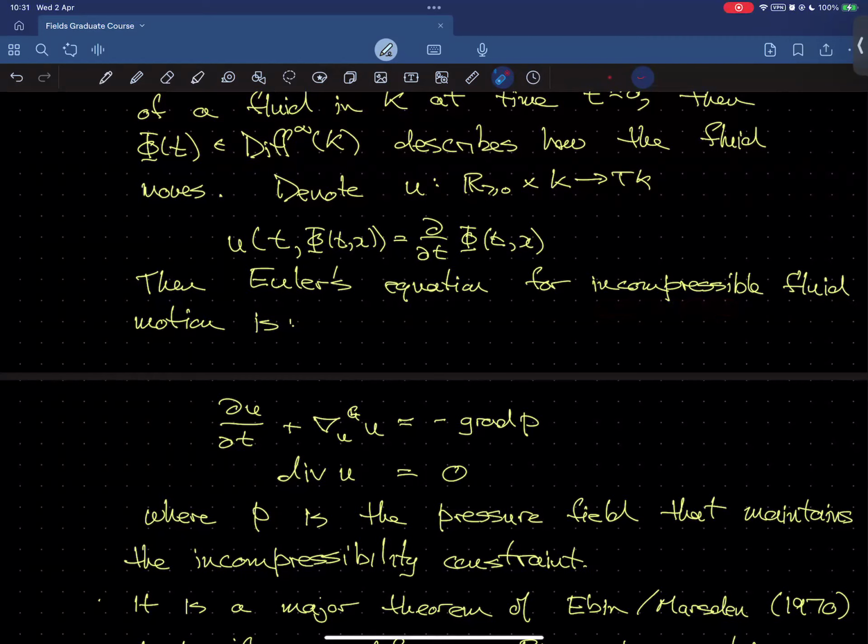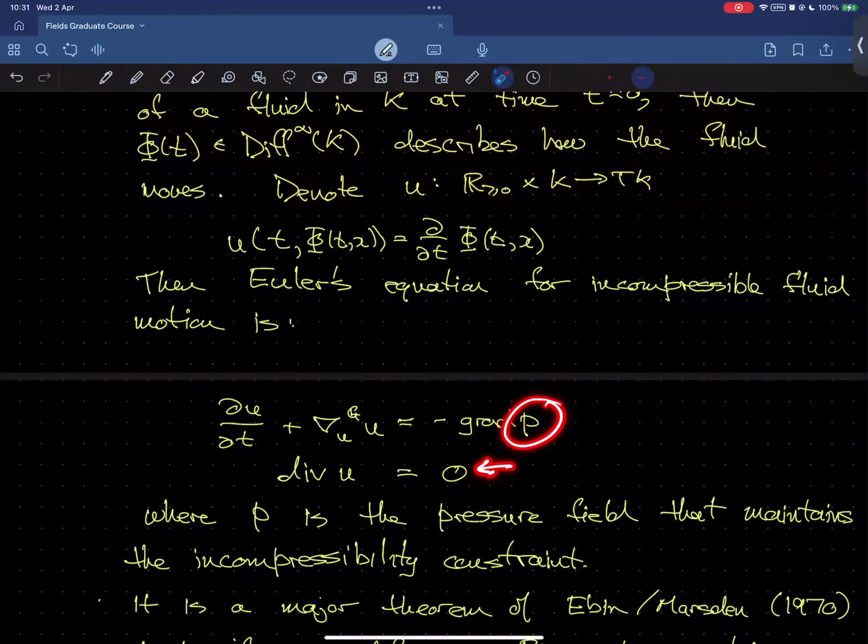So it preserves volume. If I take a little chunk of fluid and I map it under the diffeomorphism phi, I get some, maybe distorted shape, but it has the same volume. So it's incompressible. This is just the divergence free means exactly that it's incompressible.